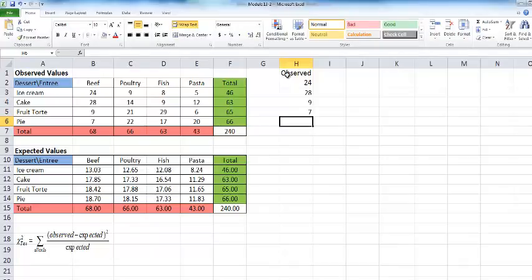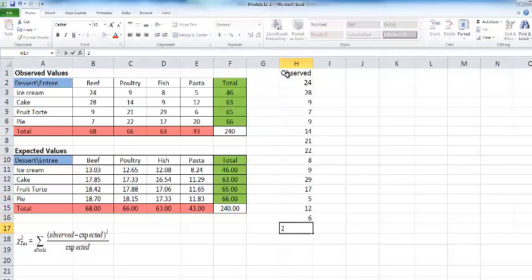Next is poultry, which is 9, 14, 21, 22, and the next column is fish: 8, 9, 29, 17, and the last column is pasta: 5, 12, 6, and 20. Let's take the total, make sure that it is 240.